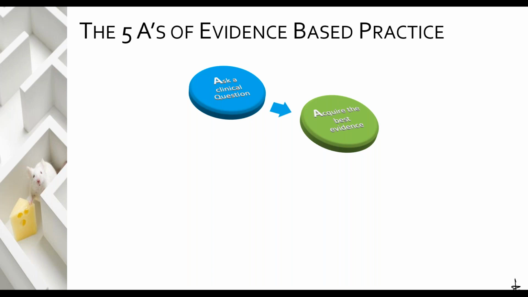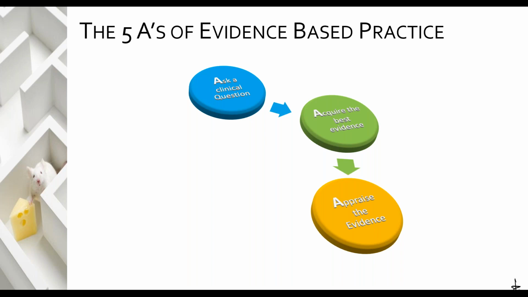Later on, obviously, the evidence that you find might be bad evidence or good evidence. There are studies that are absolutely crap. They're rubbish. And there are studies that are really, really good. So after you go and you find all of the studies, you have to go through them and then appraise the evidence. See how good that evidence is.